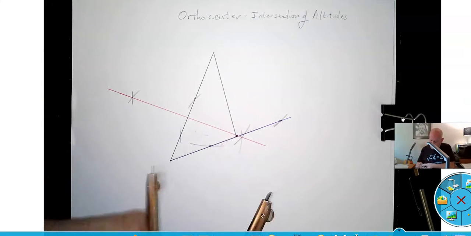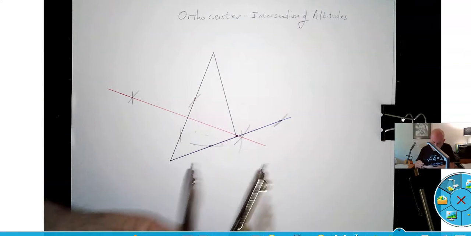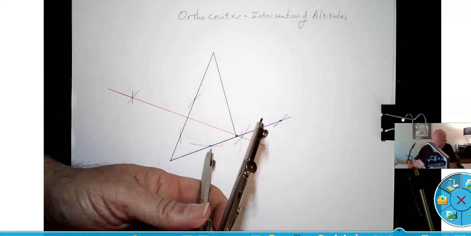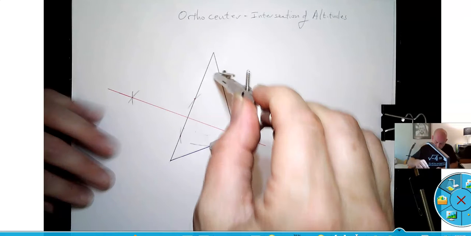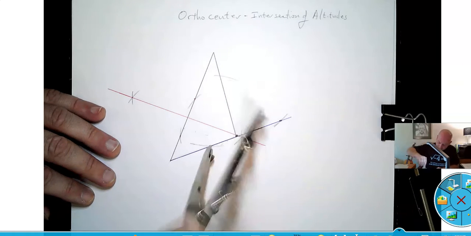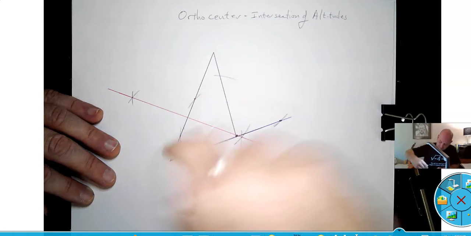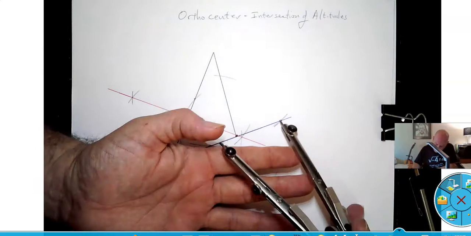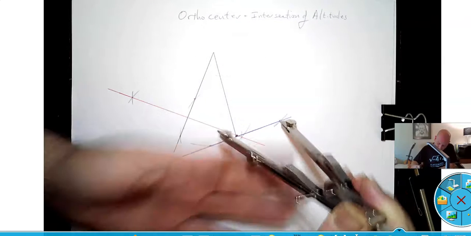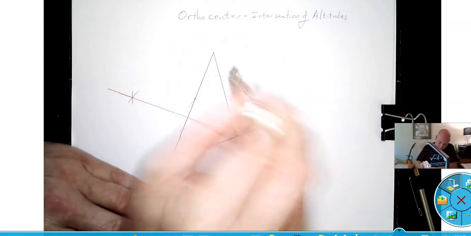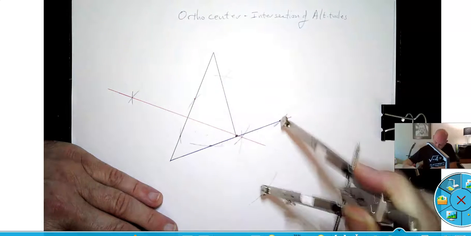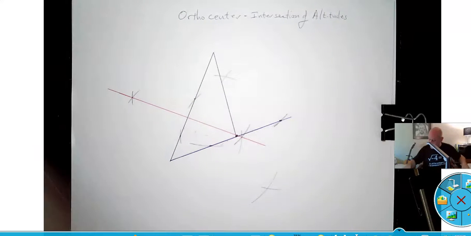And I want to make my perpendicular bisector now. So we will make an arc here and here. And then we'll jump to the other point, do the same. All right.